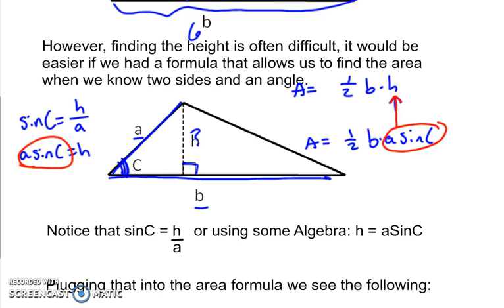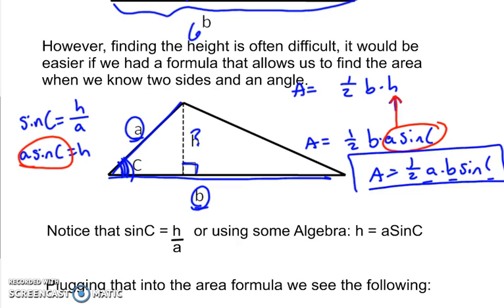Or if I rewrite that in alphabetical order, 1/2 a times b times the sine of the included angle. So if you have two sides and the included angle, you can just take 1/2 the product of the two included sides times the sine of the included angle, and that's also an area for that triangle.